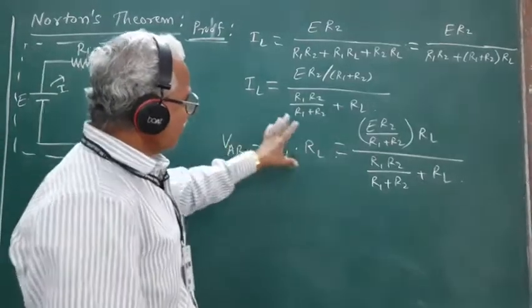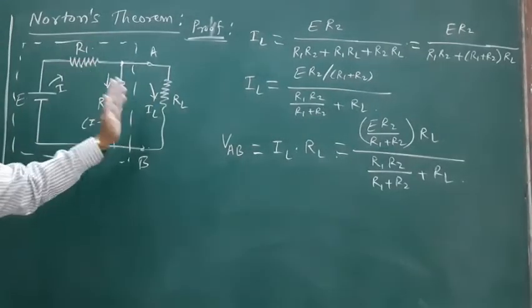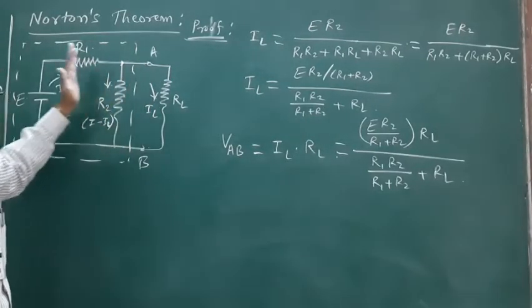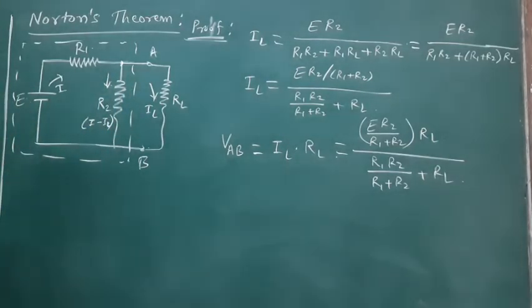So this is the potential drop across the load resistance RL when we have the given complicated network connected to the left of the terminals A and B. So we shall write this expression for VAB here.